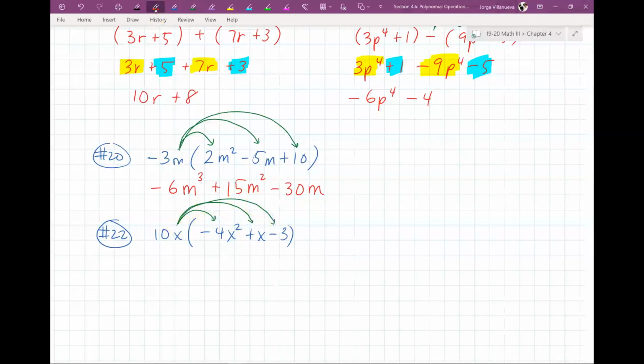So 10x times a negative 4x squared is a negative 40x cubed. And then 10x times an x is a positive 10x squared. And 10x times a negative 3 is a negative 30x. Again, I'm hoping you guys are like, this is easy, okay? Hopefully it's not that big a deal.